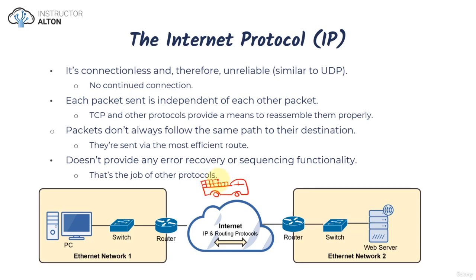Its job is to send them across the internet in an efficient manner, but it doesn't worry about setting up a connection. It doesn't worry about making sure they follow the same path. It doesn't check to make sure they were actually received. It doesn't look for any sort of errors. It doesn't look to sequence them. It takes all of those different roles and it puts them off and makes them a responsibility of other different protocols in the TCP/IP protocol suite.